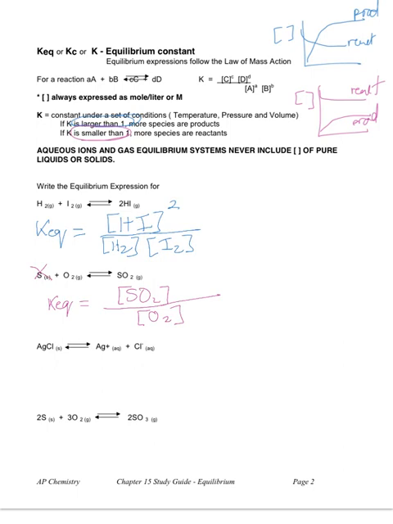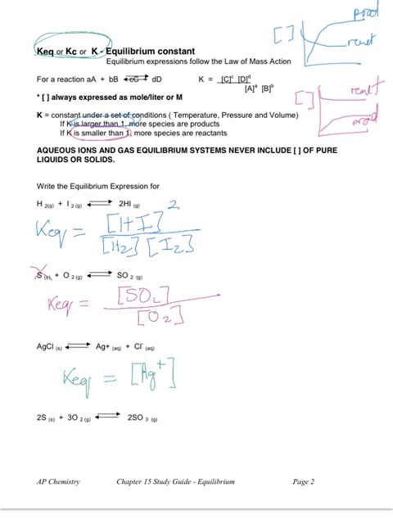Let's try the next one. So KQ, and again you can call it just K or KC, any of these are equivalent. The concentration of my products, so the concentration of Ag plus. Make sure, because Ag plus here is an ion, not just solid silver.